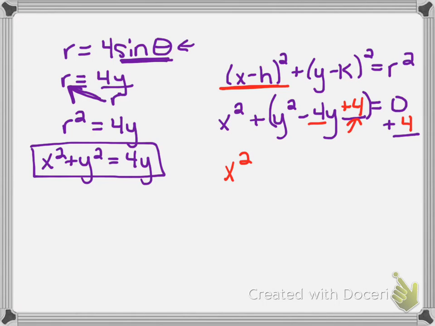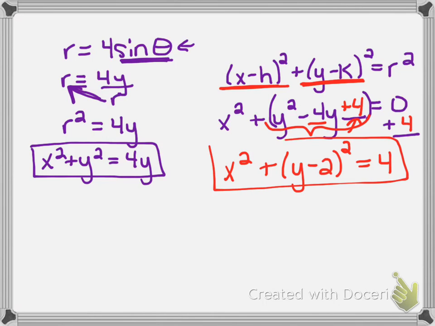The y part of my equation is the factored form of that trinomial. And y squared minus 4y plus 4 is y minus 2 squared. So you factor it. And then it's equal to 4. So this is the graphing form.